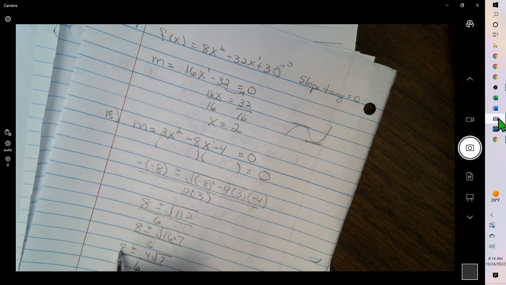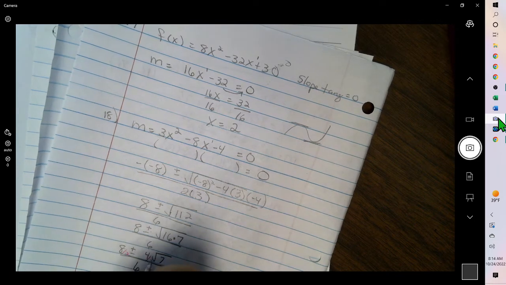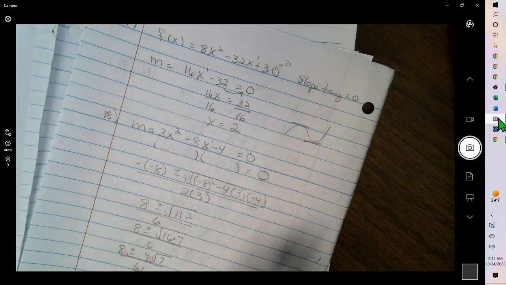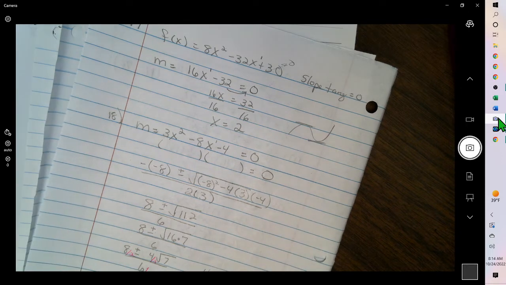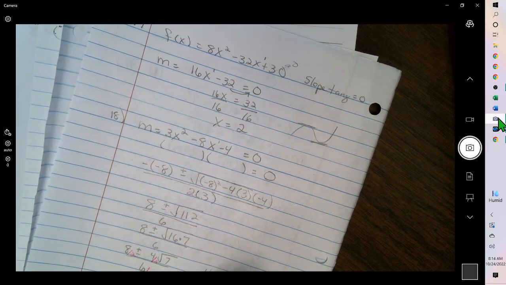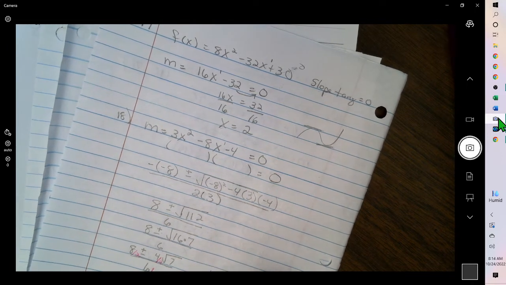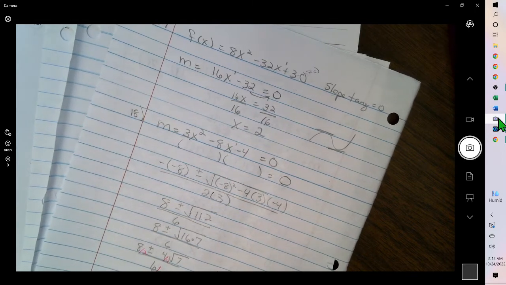All three of these will divide by 2. So you have 4 plus or minus 2 square root of 7 over 3. They want it written separately, so it would be 4 plus 2 square root of 7 over 3, 4 minus 2 square root of 7 over 3.